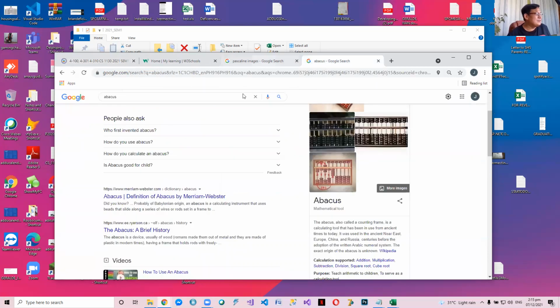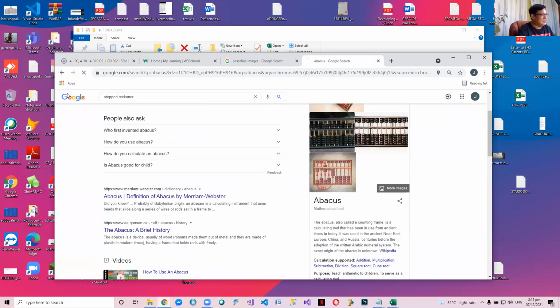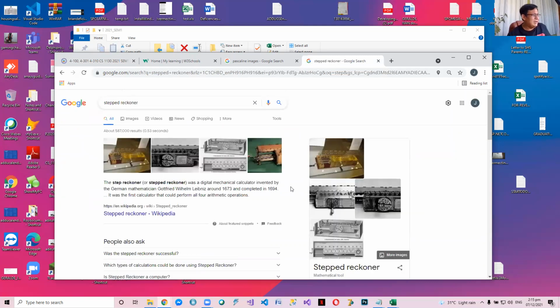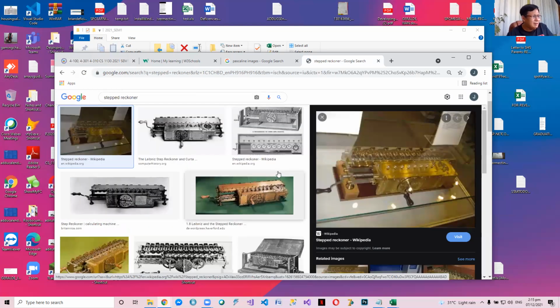Let's look for a step reckoner. Okay, ayan. So, it's like a modern adding machine, di ba? Have you seen an adding machine in an old Chinese restaurant where you have to punch and then clutch? There's a clutch here.